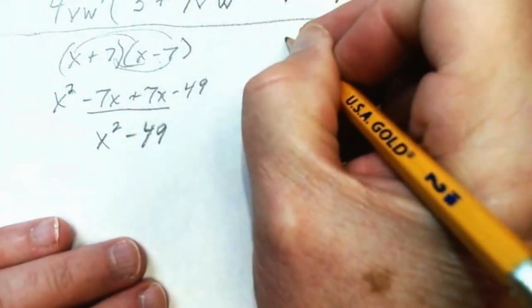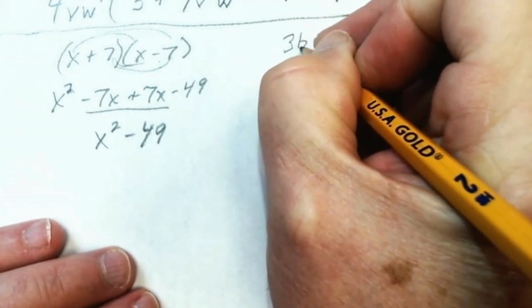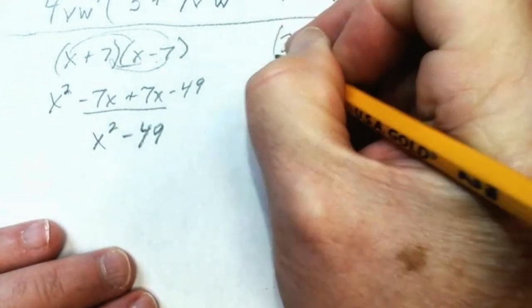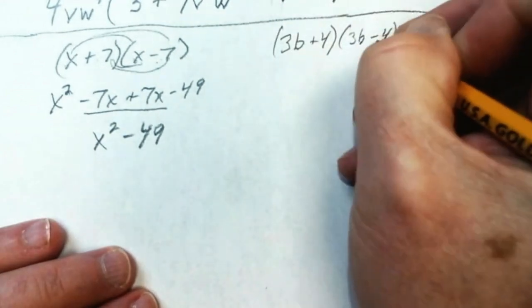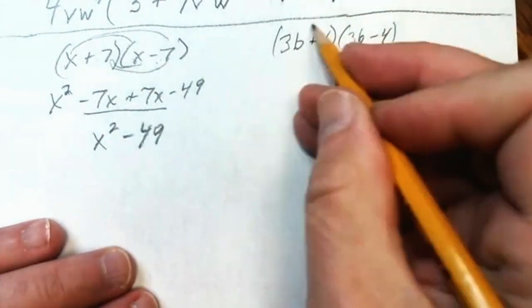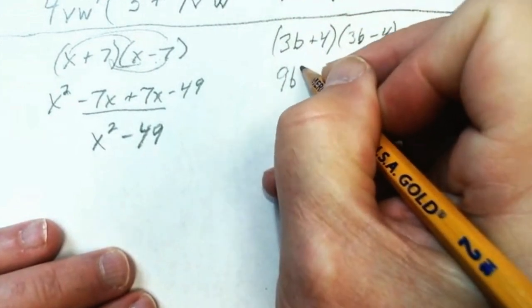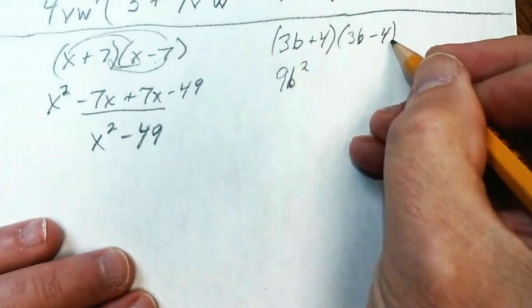Let's do this. Let's do b's this time. 3b plus 4 times 3b minus 4. Okay, first terms. 3b times 3b, 9b squared. 3b times negative 4.